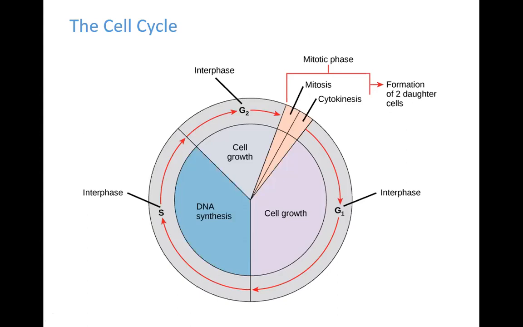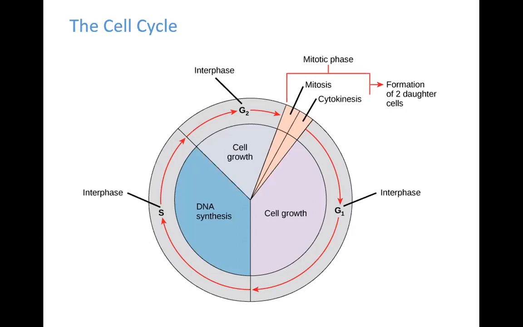So interphase runs from the start at G1 all the way around to mitosis. 99.99% of the time, a cell's in interphase doing cell stuff up until the point that it undergoes mitosis and cell division. So we have growth and DNA synthesis, and we have more growth and activity. Now, the amount of time it takes to replicate the DNA is also very short.